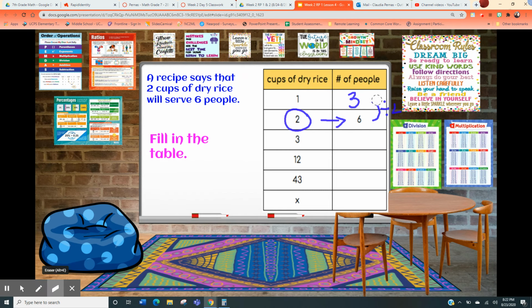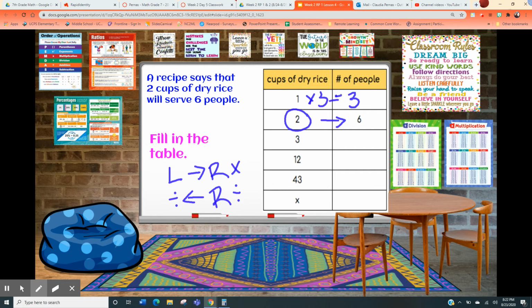Now, let's go ahead and work our way down the table to fill it in. So let's try this out. Remember, from left to right, we're multiplying. And from right to left, we divide. So if I do 1 times 3, that's going to give me 3.